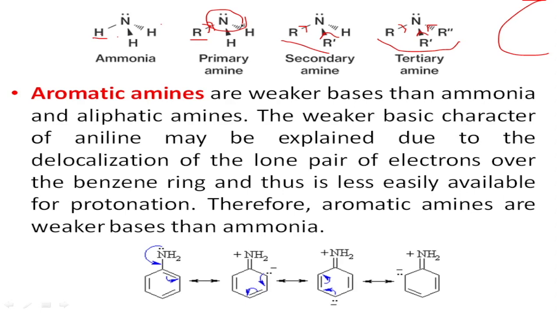So in aniline, the NH2 has a lone pair of electrons. This lone pair is conjugated with the pi electrons of the ring. When the nitrogen donates its lone pair, you get a double bond here.